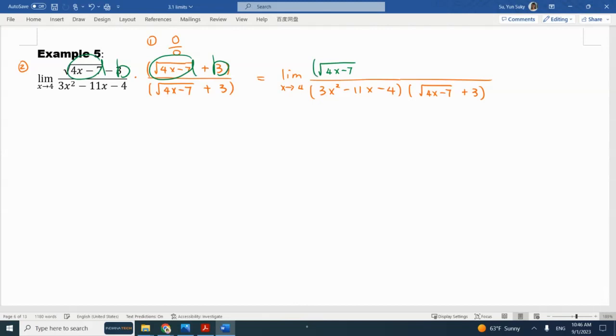So the square root of 4x minus 7, squared, minus b squared. Is that okay, everybody? Yeah, that's the rule. Therefore, the square and square root cancel. That's why we have 4x minus 7 minus what's 3 squared? 9. Yes. Okay, do you see the denominator?